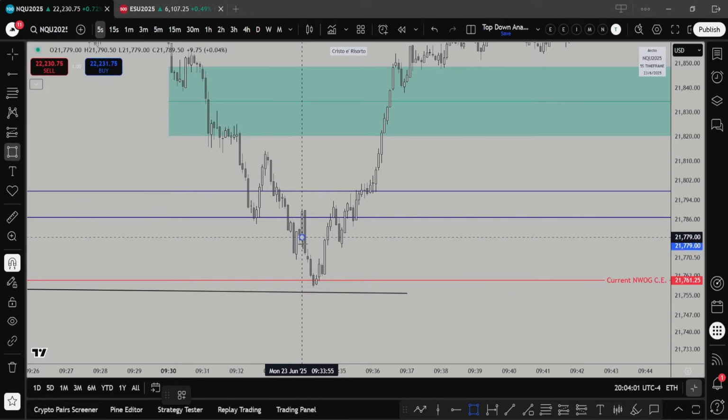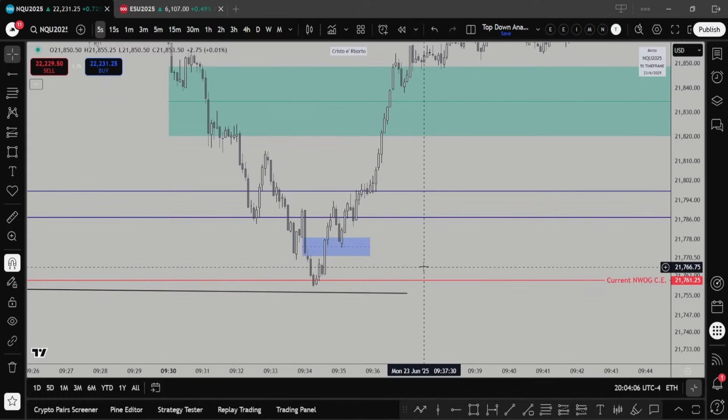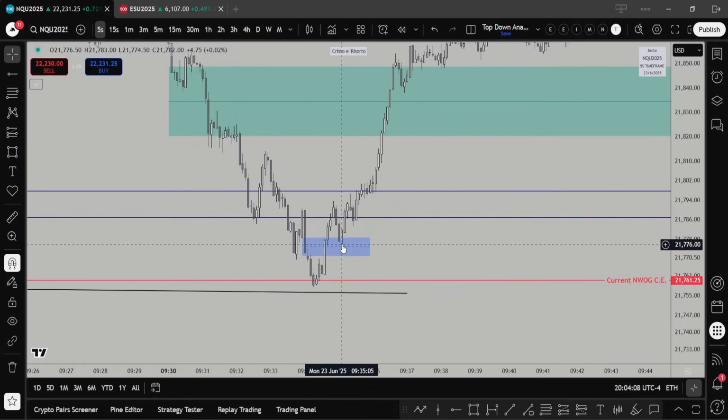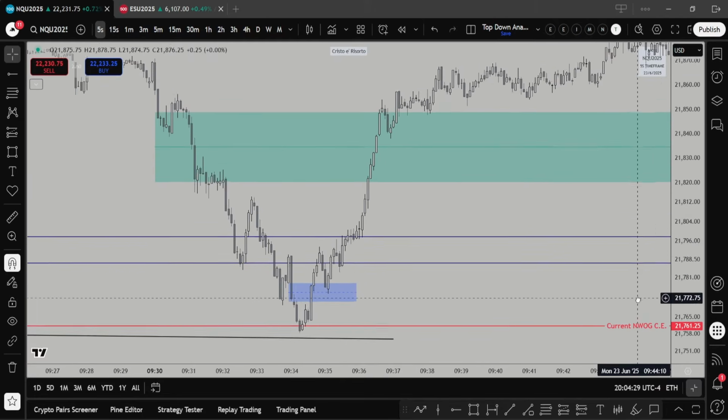But we have this inversion right here. Consequential encroachment on a 5-second chart, by the way, that shows you algorithmic delivery. Price rallies up, drops back into it, but on this closure right here, that's confirmation that you can have a very, very low risk buy. Why is that confirmation?